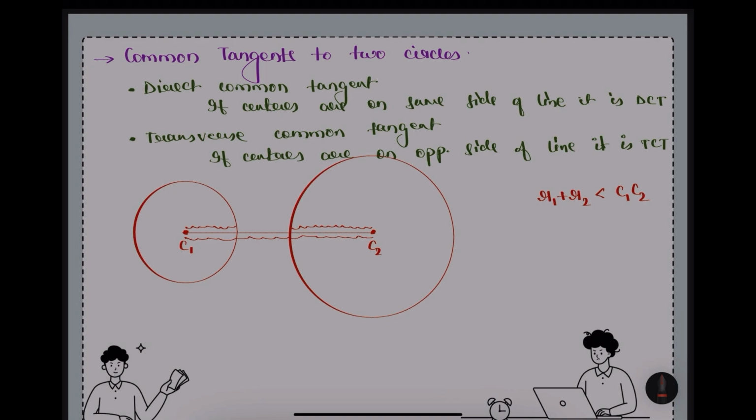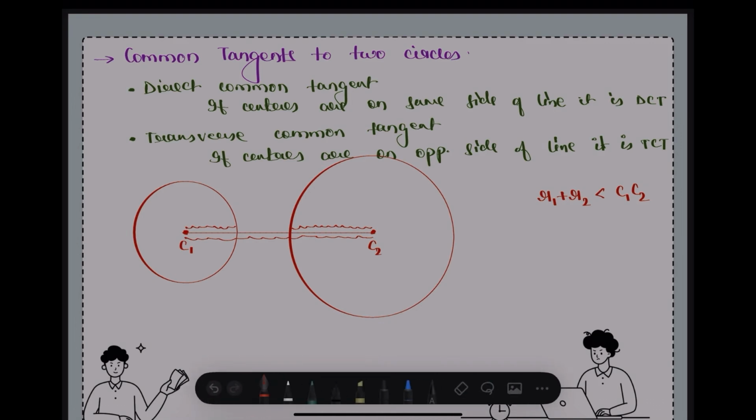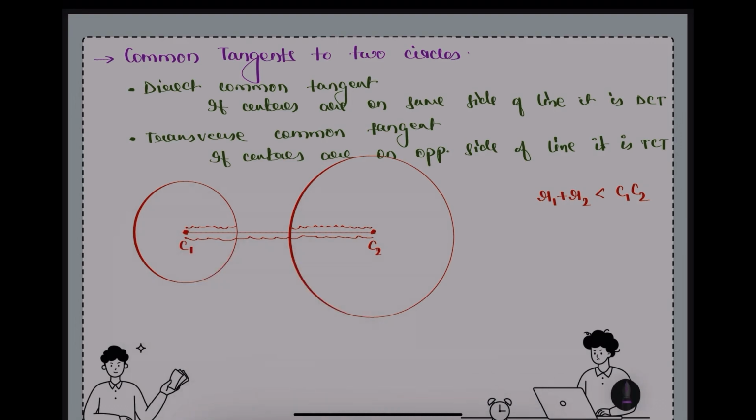So if you fall in this case, now look at the tangents. Can we have a tangent like this? Okay, so we can have one tangent this side, one tangent this side.